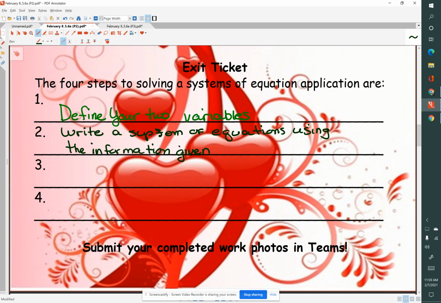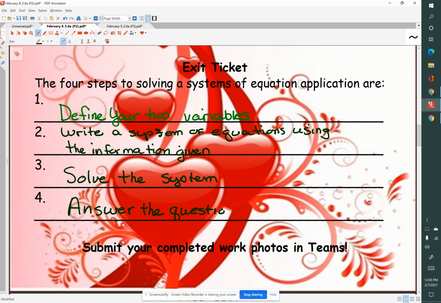The third step is to solve the system that you've written. Remember, you can check your system by plugging your solution back in, and you can graph on Desmos too with some of these. And then finally, answer the question correctly.